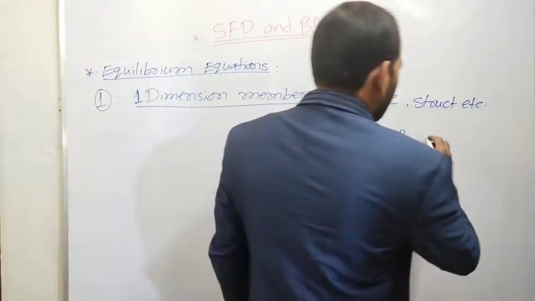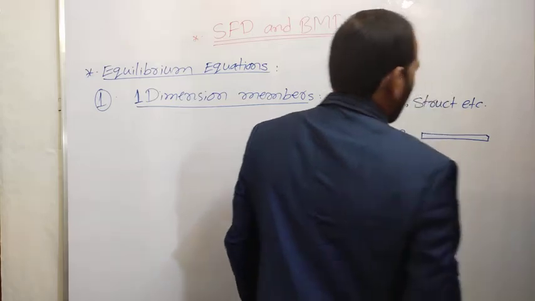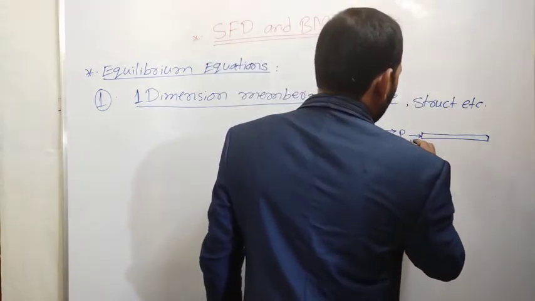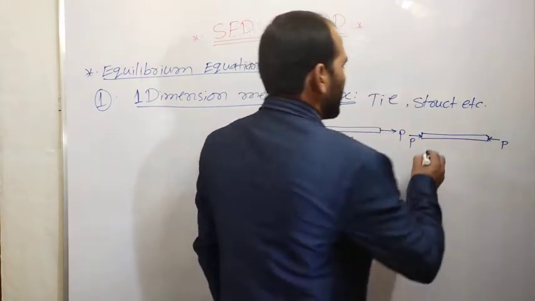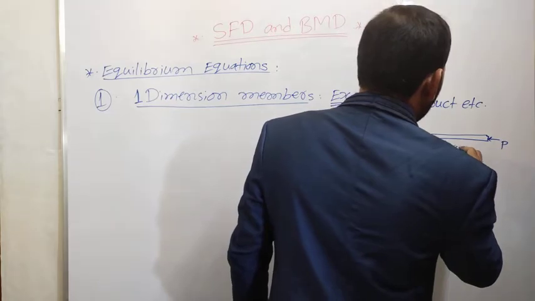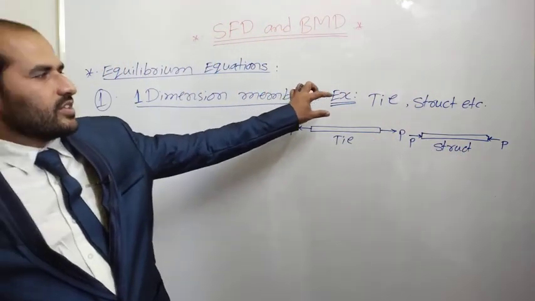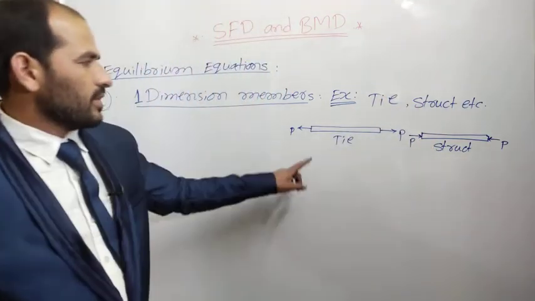If you consider the strut, this is the member. On this member, the load is towards the member. This is called the strut. So this is a tie, and a tie is a tension member, and this is the strut. A strut is a compression member.